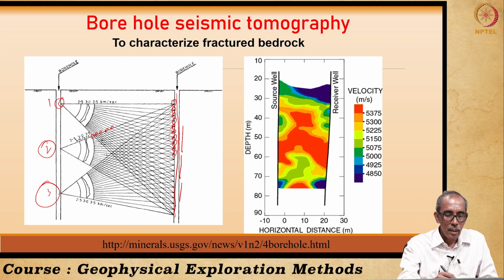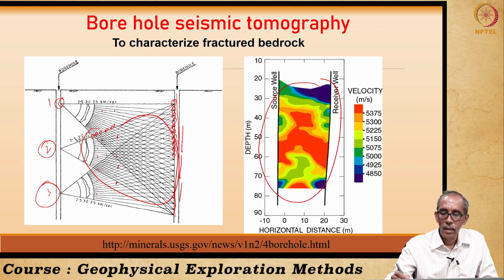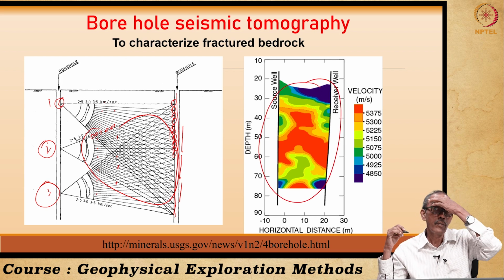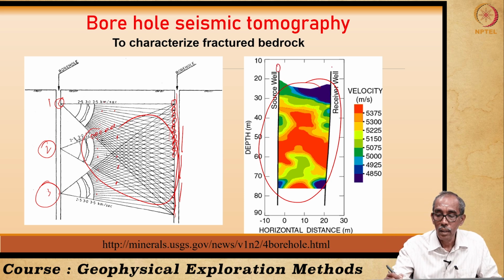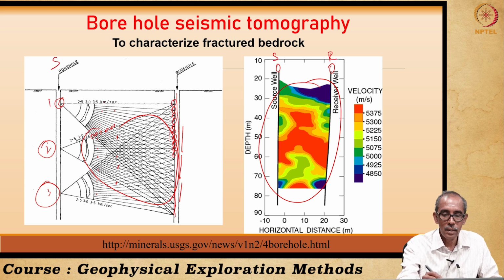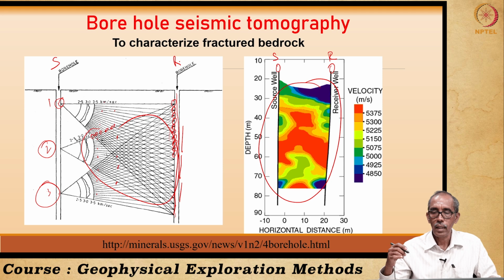And using the interpolated values we have at different points in this section, especially in this zone, we can create what is known as a cross-hole velocity profile. So, here this is borehole number 1, borehole number 2, this is the source, this is the receiver. This is the source and this is the receiver well.